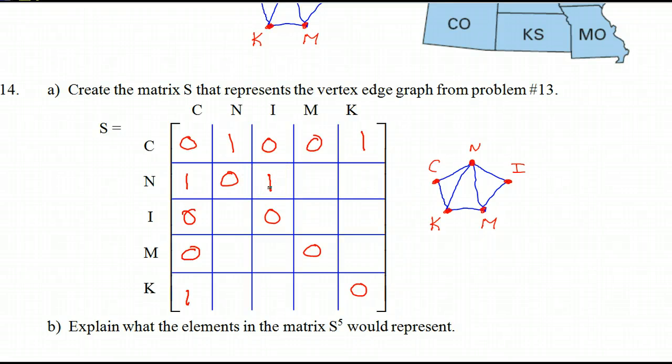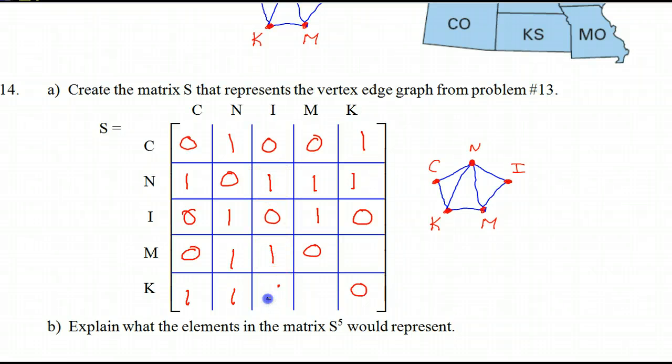Nebraska, let's go. Duplicate. Iowa is connected with Nebraska and Missouri, but not Kansas.